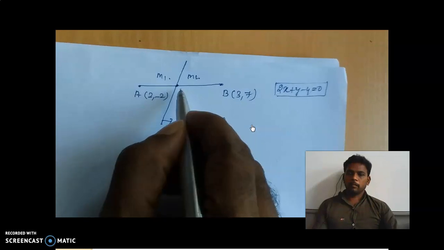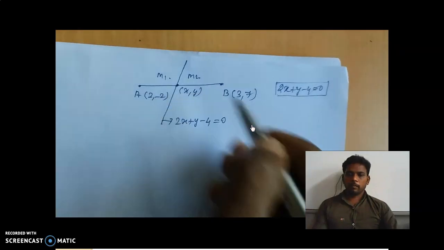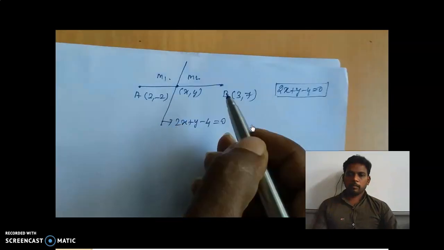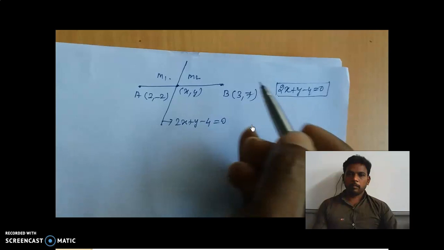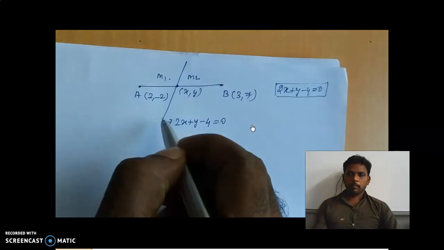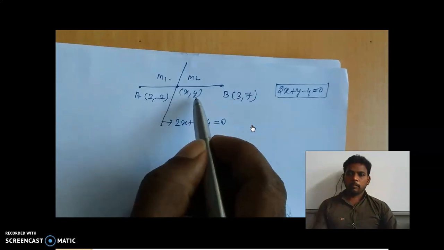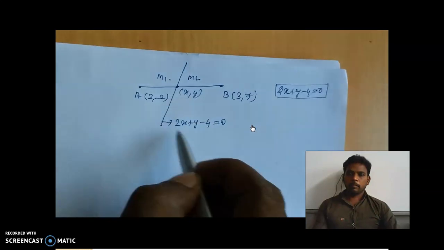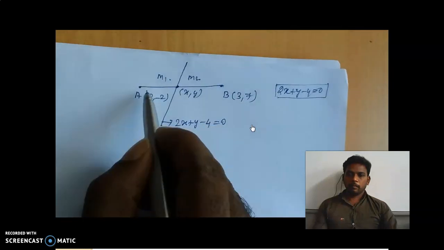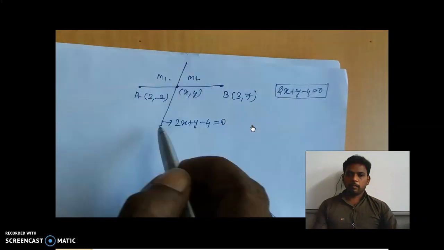Let us take this point as x comma y, or x1 comma y1, you can take anything. This x comma y lies on this line also, and this point is common to both this line segment and this line.